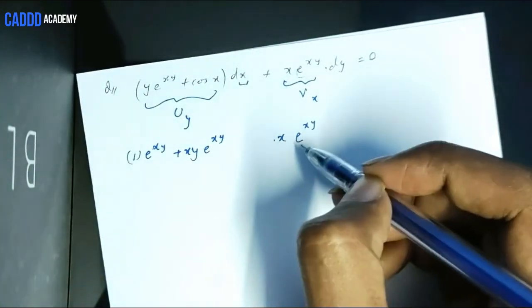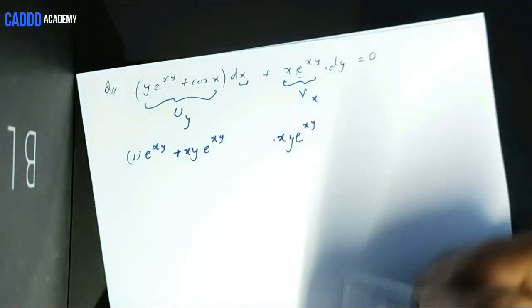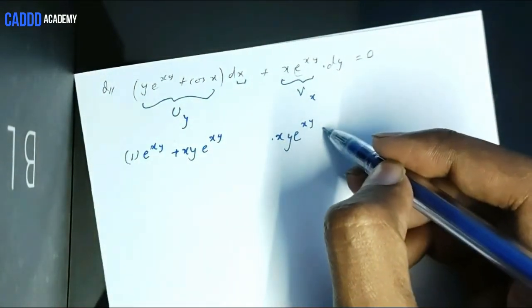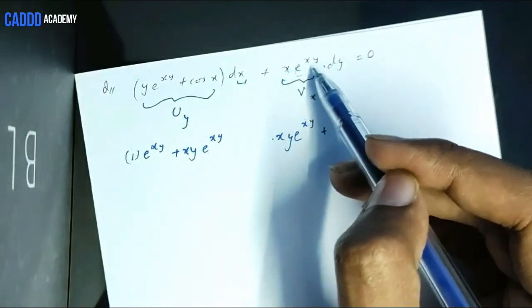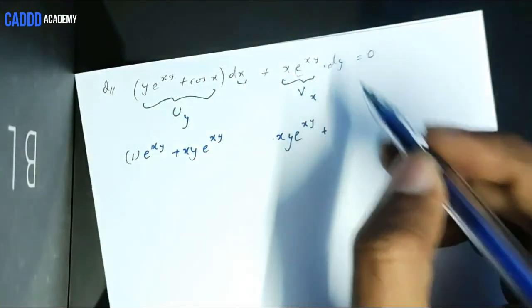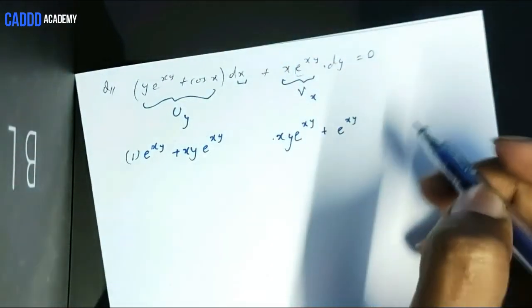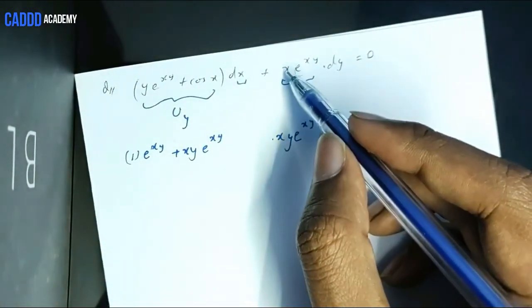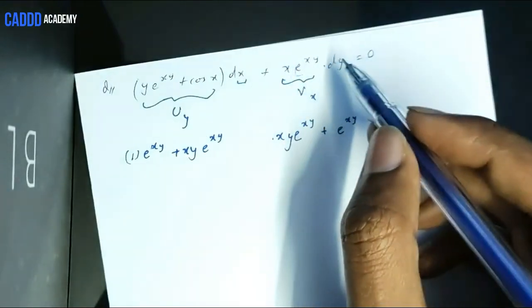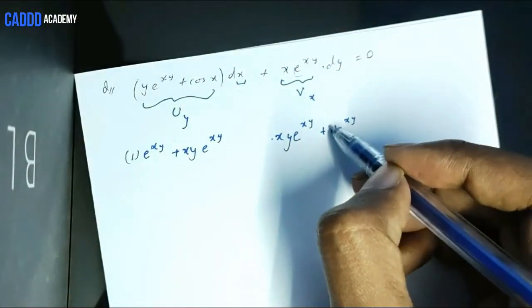So we did the first function as it is and the differentiation of the second function, and now the second function as it is and the differentiation of the first function. The differentiation of x with respect to x will be 1.